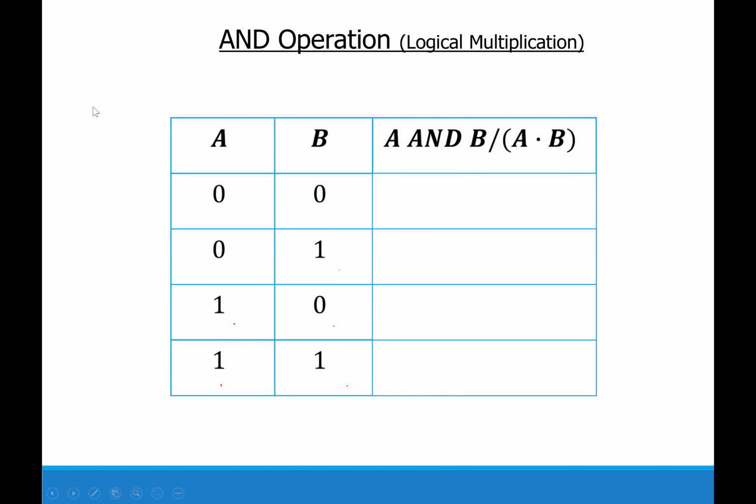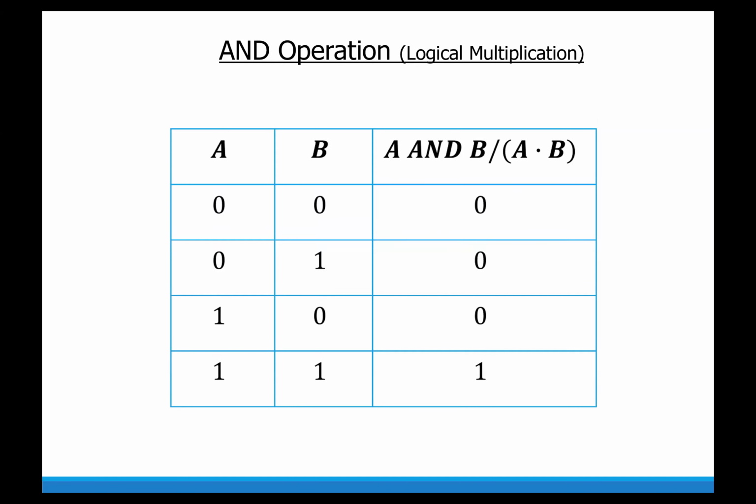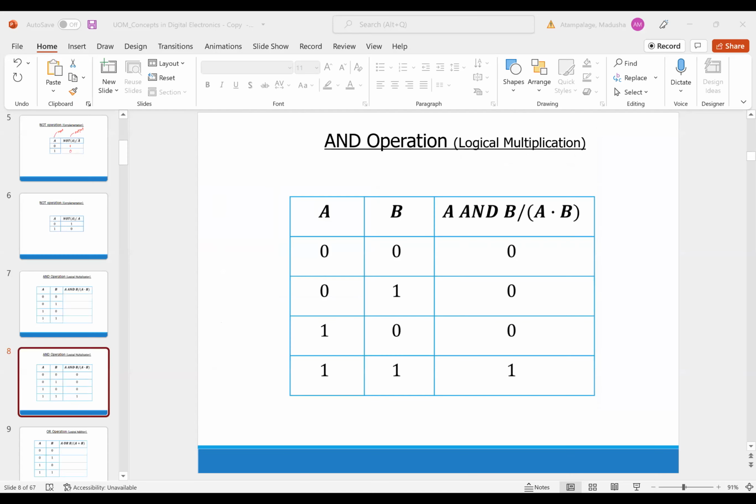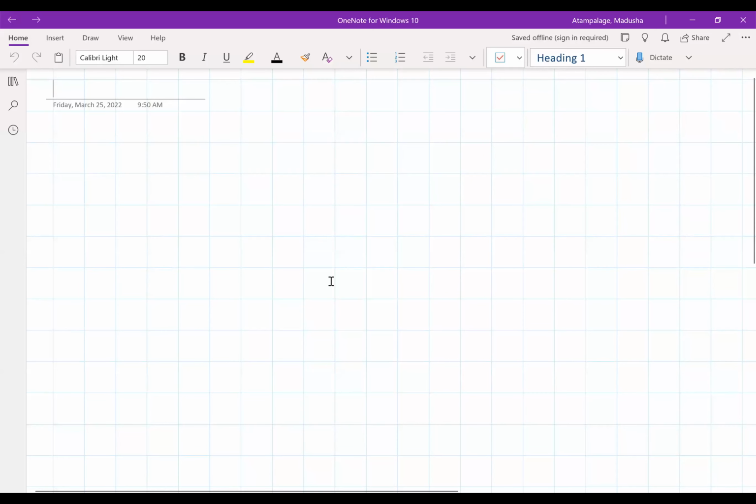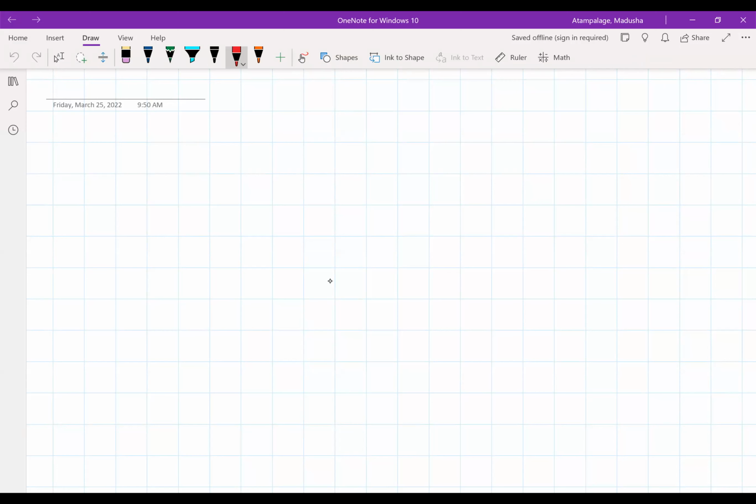And remember that when we design a truth table for 2 inputs, now here we have 2 inputs.